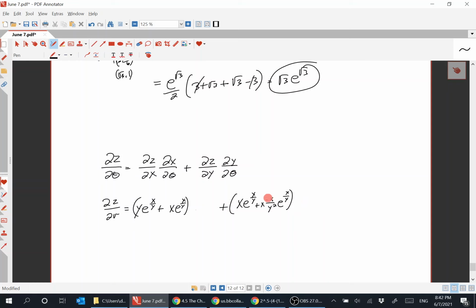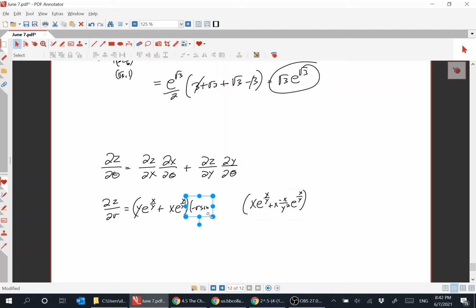And the dz/dy is the same, but that changed. Instead of dx/dr, it's dx/d theta, which is minus r sine of theta. Plus this dy/d theta, so that's r cosine theta.